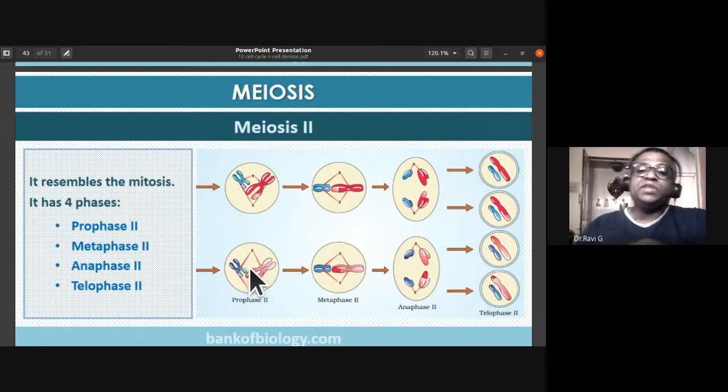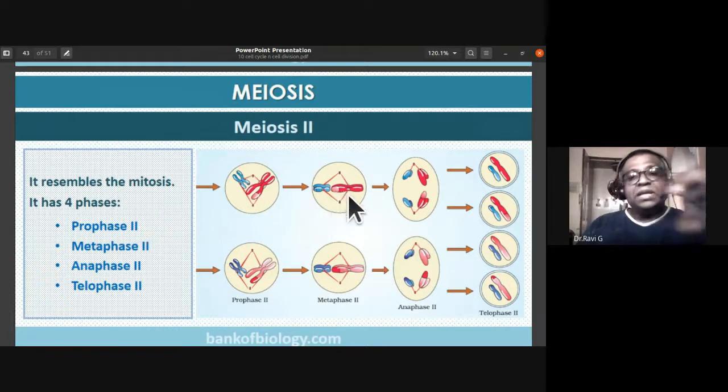In prophase 2, there is disappearance of nuclear membrane, nucleolus, Golgi complex, and endoplasmic reticulum. Also, the centrioles move towards the opposite poles and form asters with microtubules to which the spindle fibers are attached. So these are the events taking place in prophase 2.